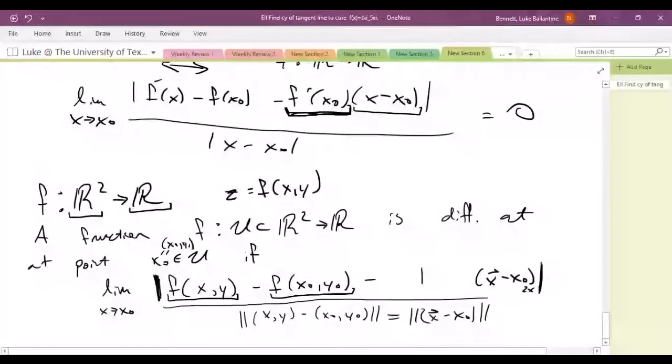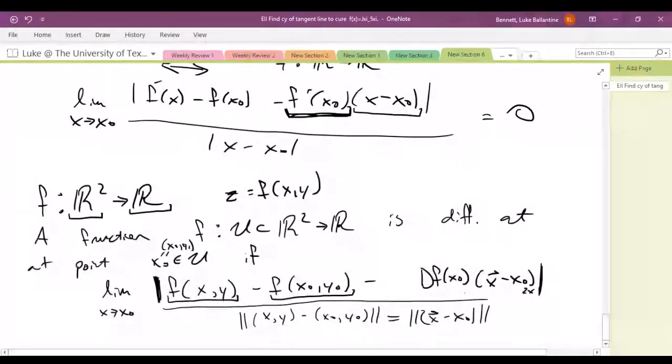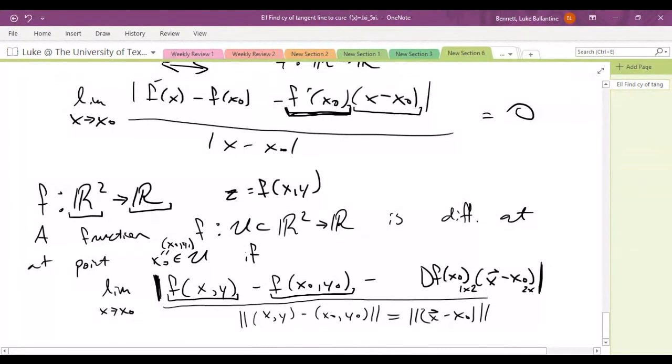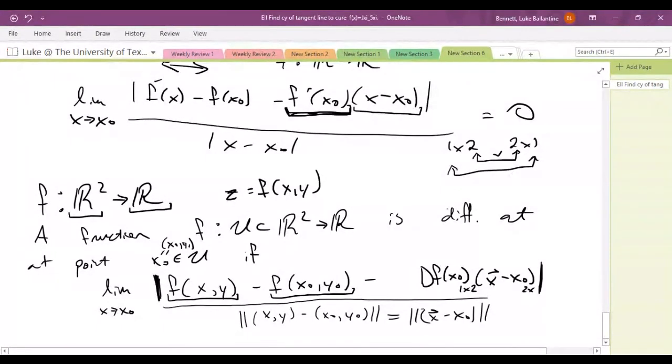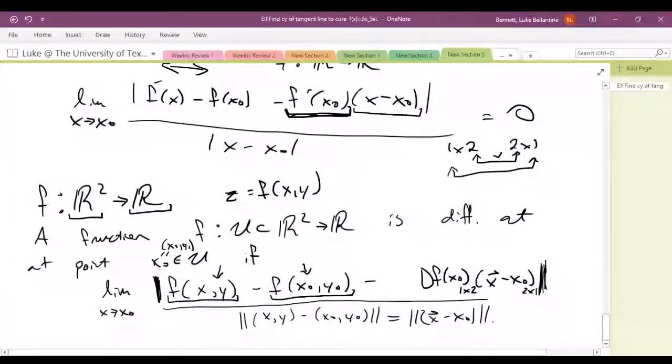And it's the derivative, so it would be 1 by 2. Remember, when doing matrix multiplication, 1 by 2 multiplied with 2 by 1, these have to match up, which is good, and the output would be a 1 by 1 matrix, which is just a real number, so it can combine with the other 1 by 1 terms. Another giveaway is that this is an absolute value, whereas this is a 2 norm.